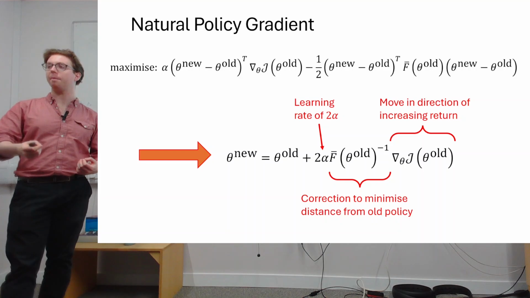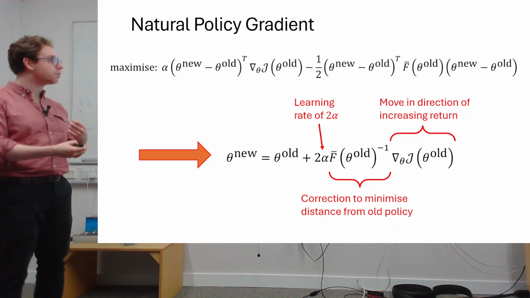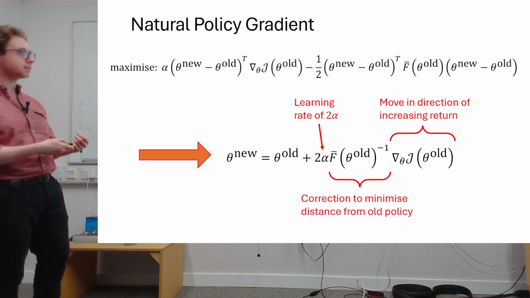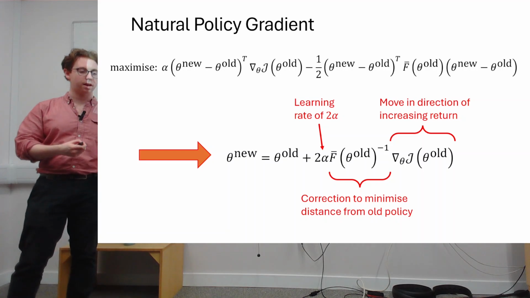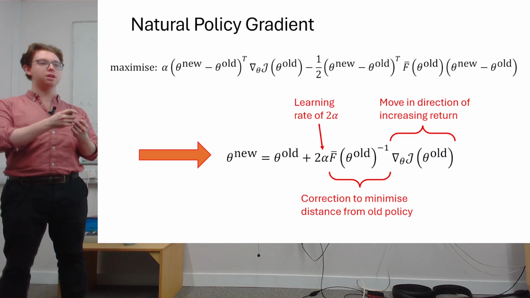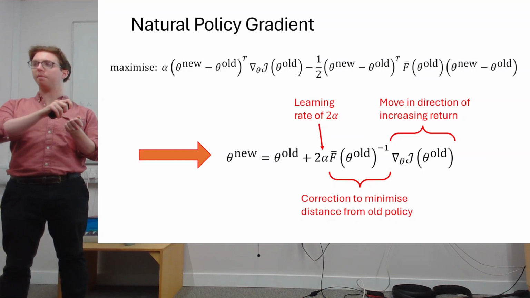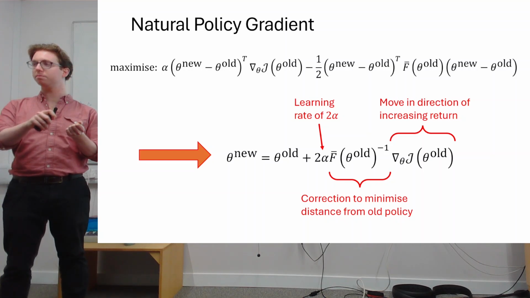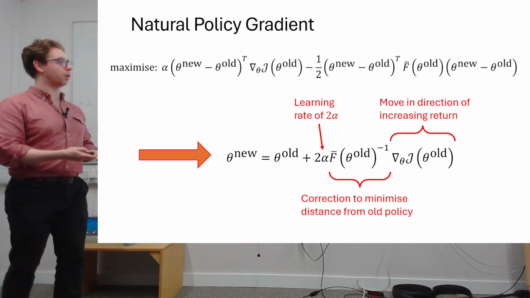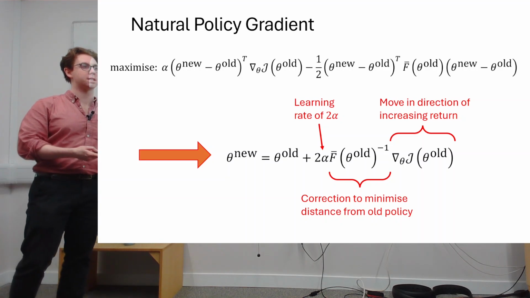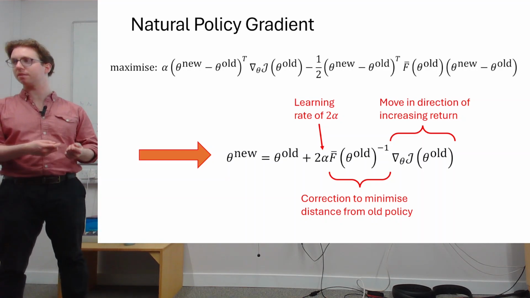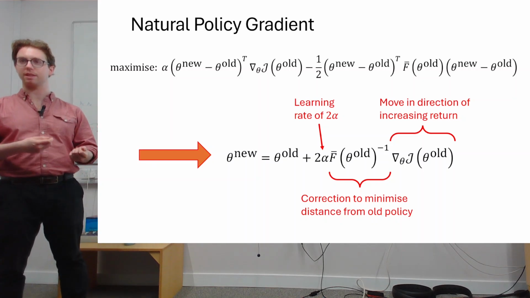When I do an update in parameter space, I'm trying to keep the adjustments small, but what I actually want is to update my parameters in a way that keeps the policy distance small, so the change in policy small.